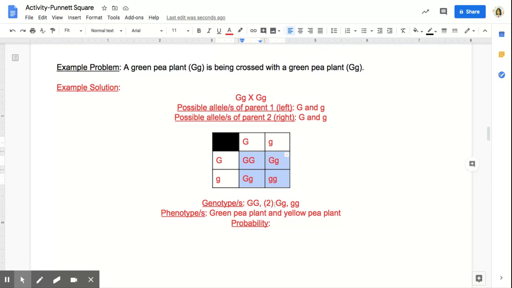So the probability is gonna be out of 4. Okay, so for genotype, the probability of having homozygous dominant is 1 out of 4 because there's only one homozygous dominant in here out of 4.